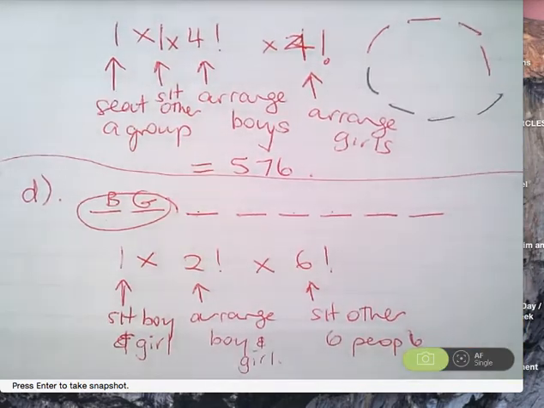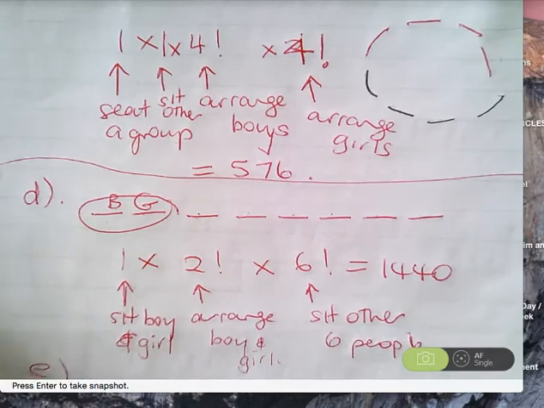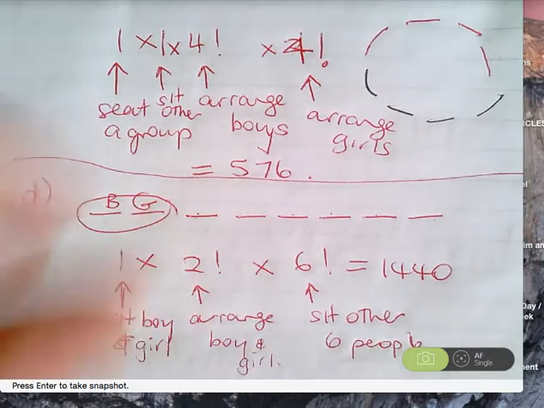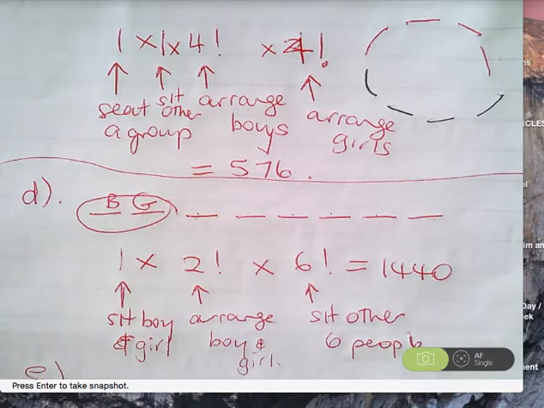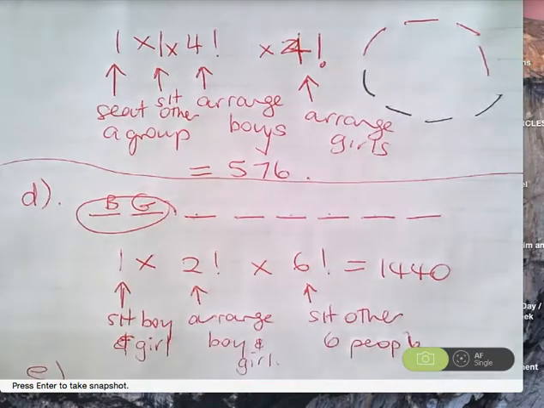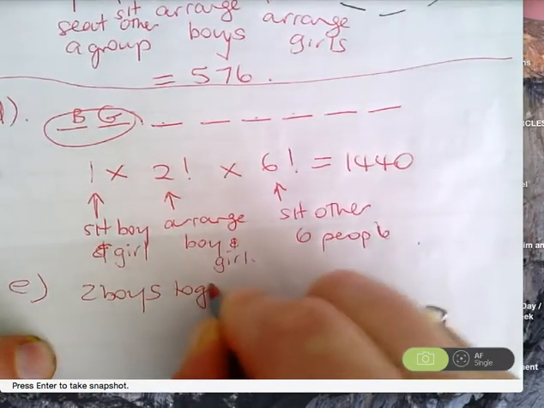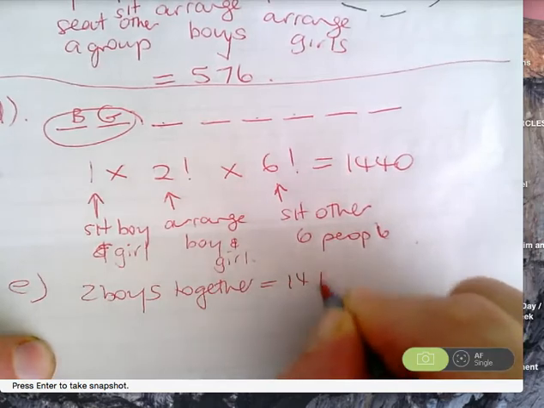Okay? If 2 particular boys don't want to sit next to each other, it's just doing the same as what you just did. That's them sitting together. It'll just be your total minus the answer for part D. Part D is any 2 people wanting to sit together. They don't have to be a boy and a girl. So for part E, 2 boys together is the same as part D, which is 1440.